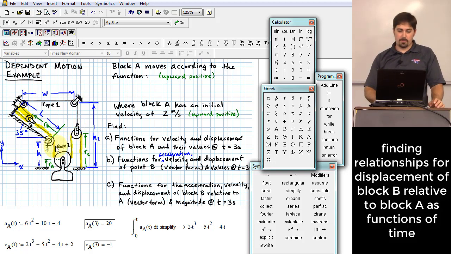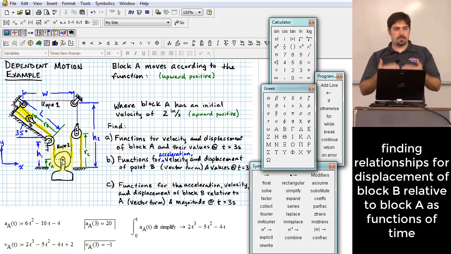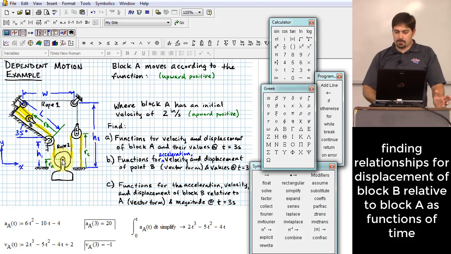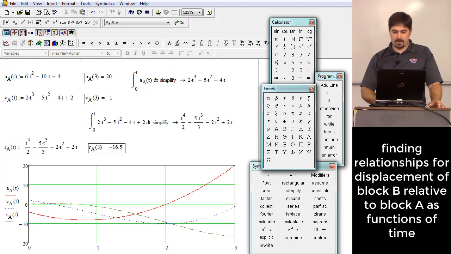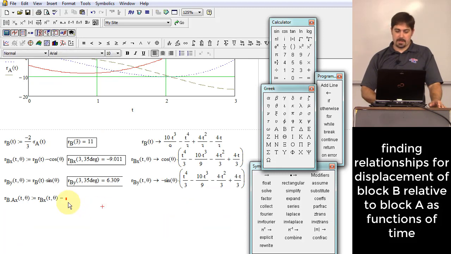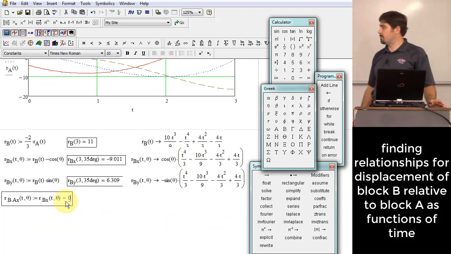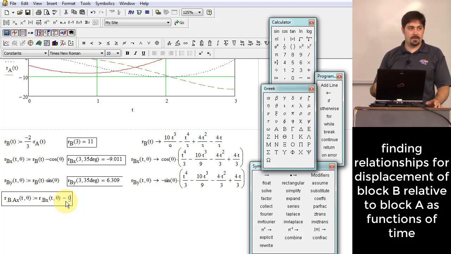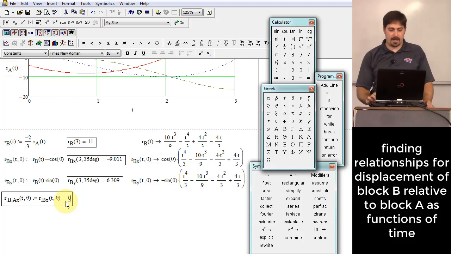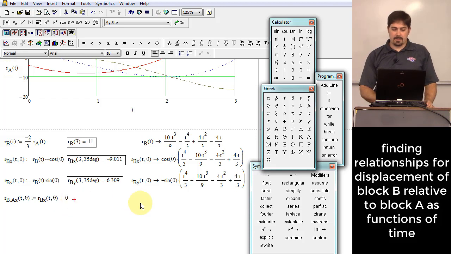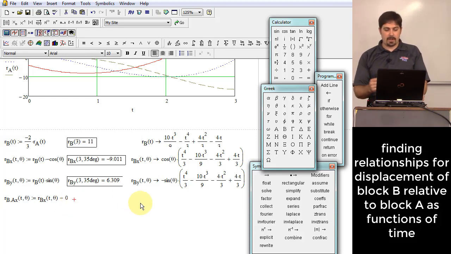And so the two ropes that hold A just move straight up and down. And so that part just moves straight up and down. And if it moves straight up and down, then it will have zero displacement in the x direction. And so where I go down here, I just put in 0 for my amount of displacement in the x direction for block A. And this difference between these two values gives me the displacement of B relative to A.